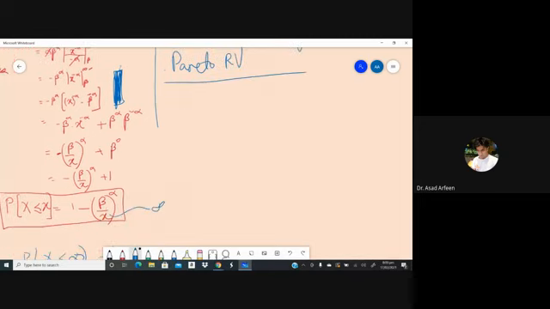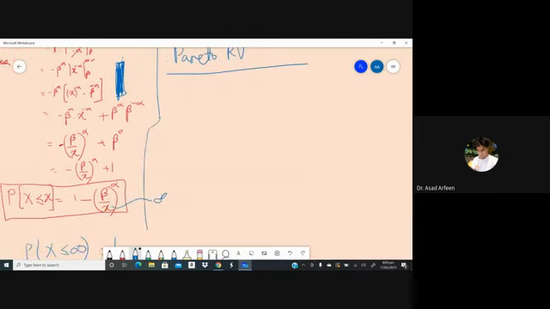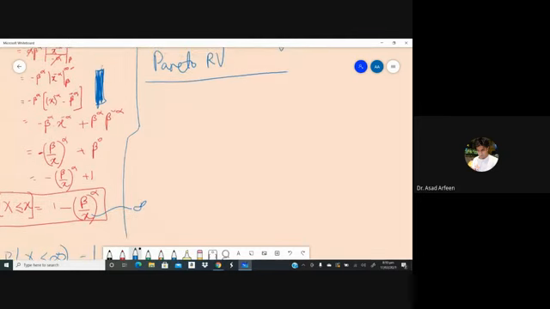I give you a hint because you're very tired. The mean value of any random variable x is the integral from minus infinity to plus infinity of x times f(x) dx. This is the mean value. What will you do?